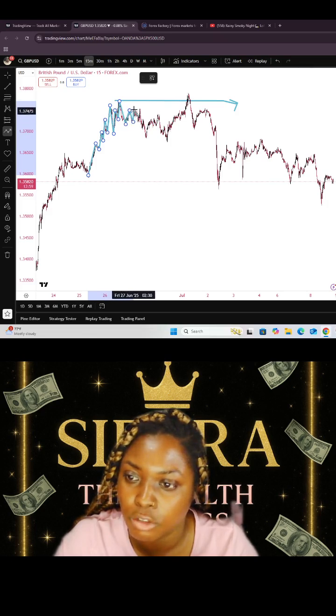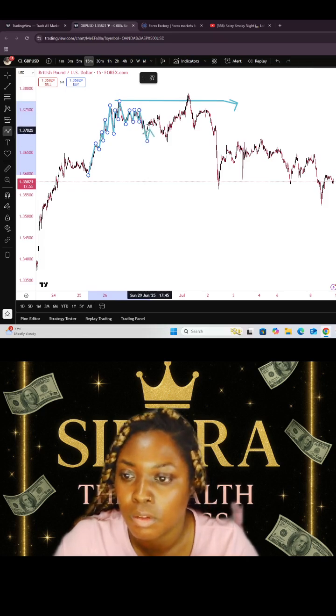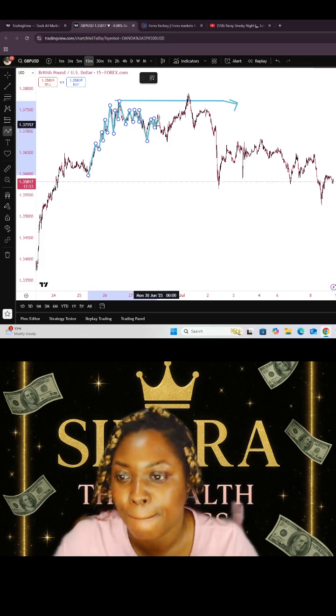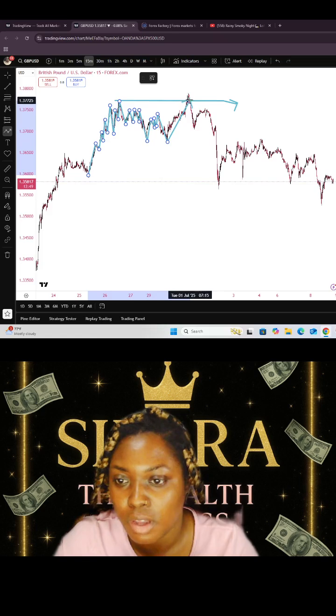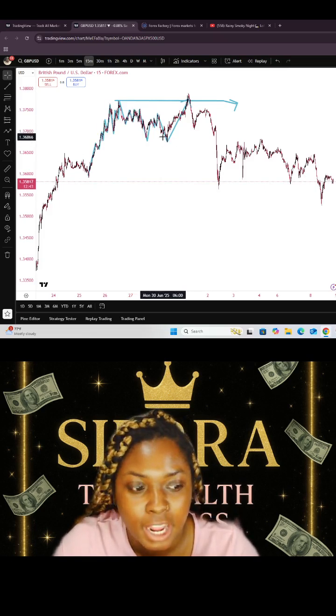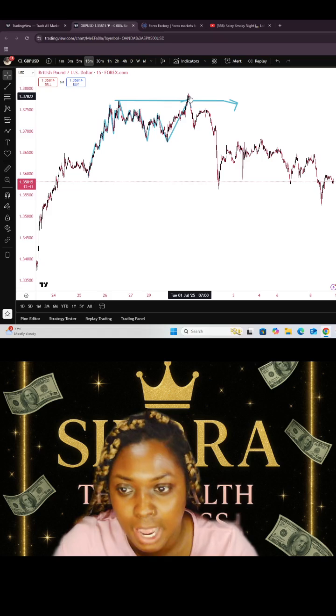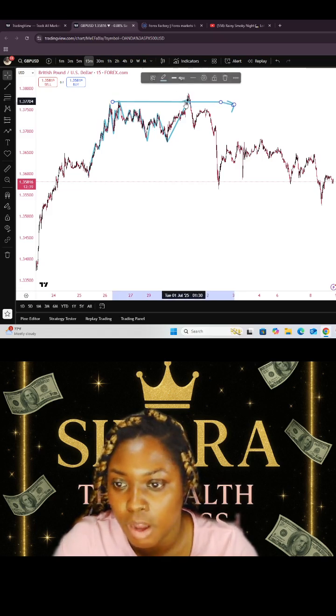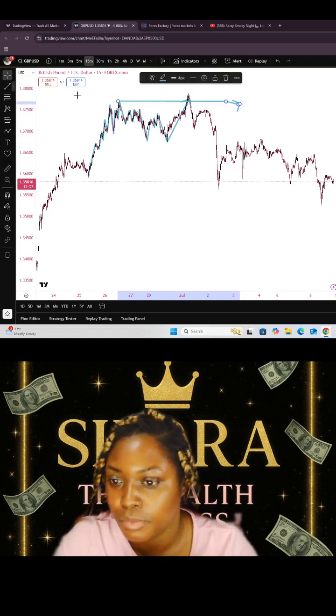All of this is minor structure. But some of these you can't trade. Okay, so break of structure. This was my last area that led me to my last high, even within all of this minor structure.